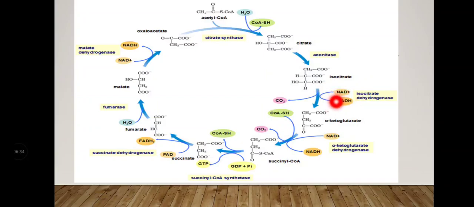Now, this NADH that is produced, remember, it has to go where? To the electron transport chain to generate ATP.